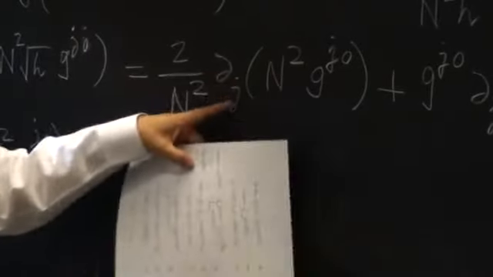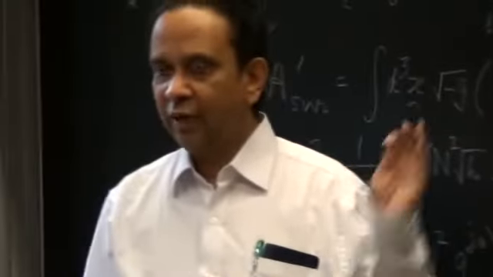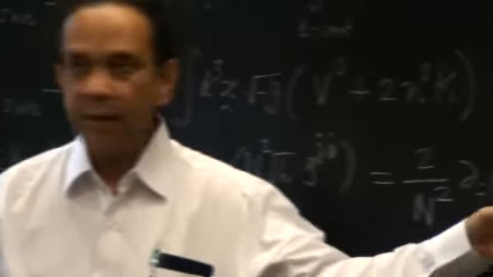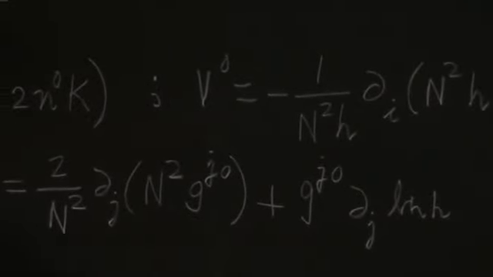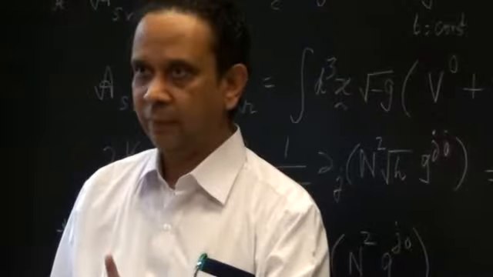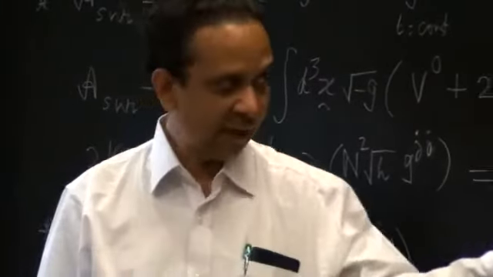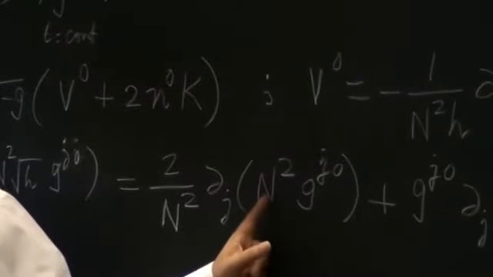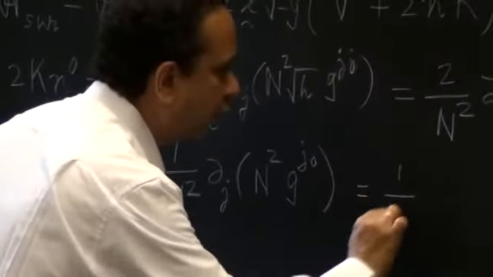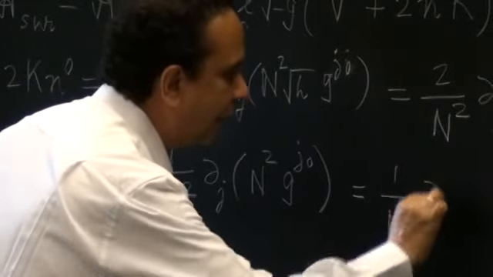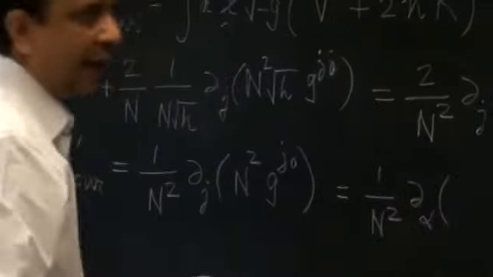So in this derivative, you have first a d0 of this term. If that had survived, we would have sunk. That is the whole point. You have a surface term, and if the surface term involves time derivative, you are looking at a constant t surface, and if it involves time derivative of the metric, you are talking about the variations normal to the surface. That should not exist in the surface term. But that goes away because that 1 by n square will cancel with this n square, and it is 1 for that term. So this term, when you add up all this, you are only going to get 1 by n square d alpha of n alpha.